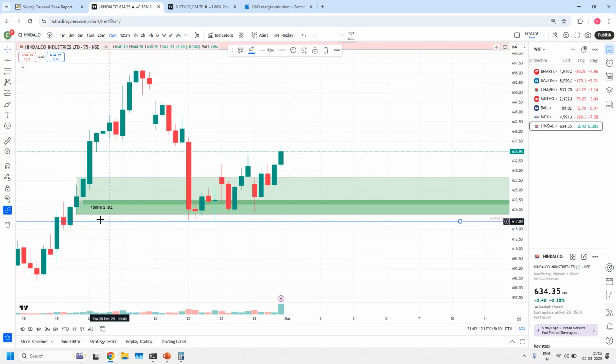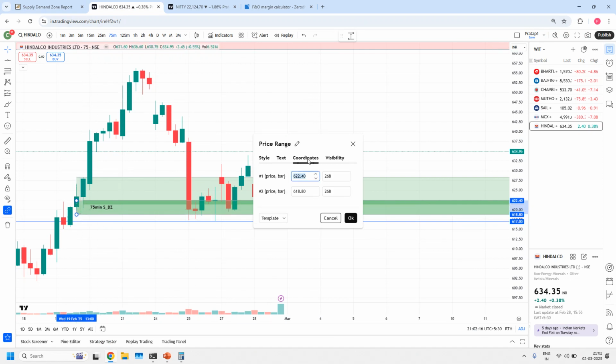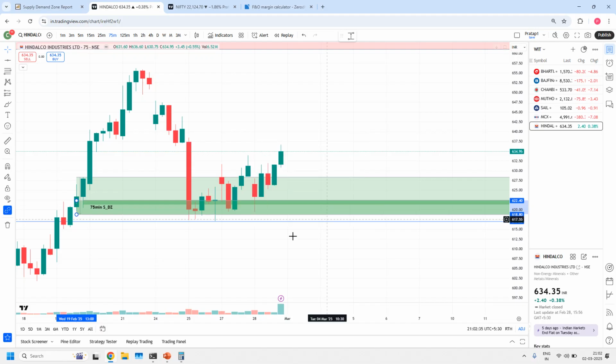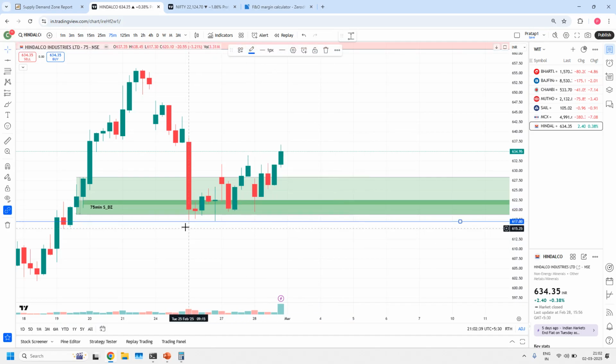And what is this value? Low of this zone, 618.80 minus 1.80. How much value will we get? 617. 618.80 minus 1.80, that is 617. See, this is the value, 617. So this is within our stop buffer.